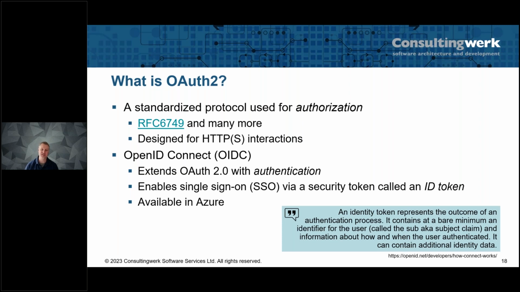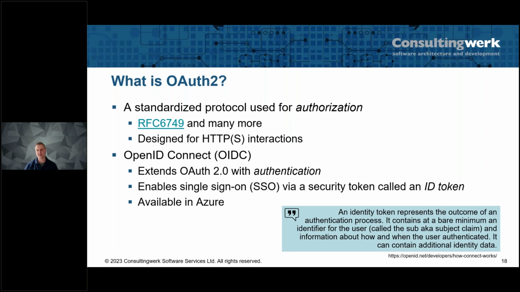There's an RFC. There are many more. It's quite dry to read. It's very complex in a lot of ways. There's a lot of what they call flows, which is kind of the process of what kind of client you have, how you log in, who sends what to whom, what that means in terms of security of that token.